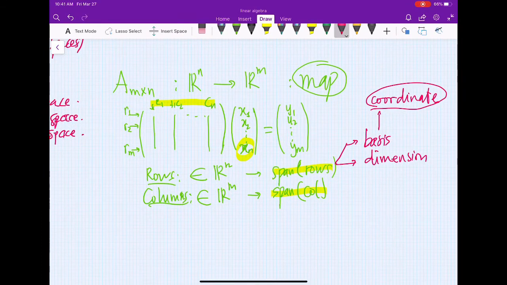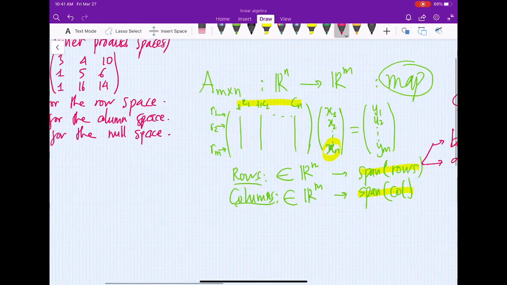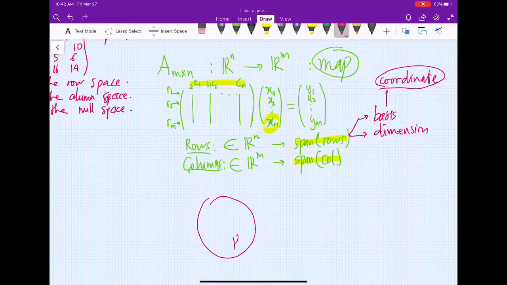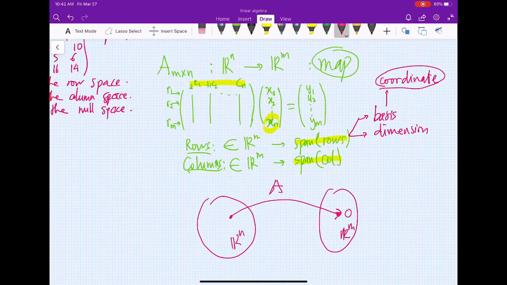So we have the row space and column space. How about the null space? Here we have Rn, and here we have Rm, two spaces, and here is the map A. Here you have vector 0.